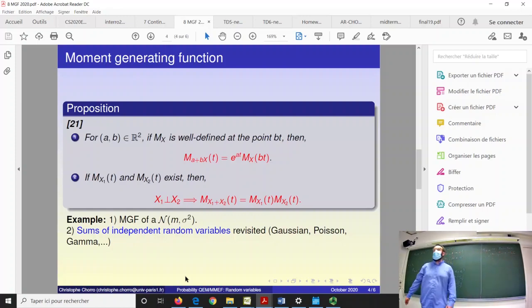And of course I can regroup some terms, okay? And I can write the things this way. Okay?